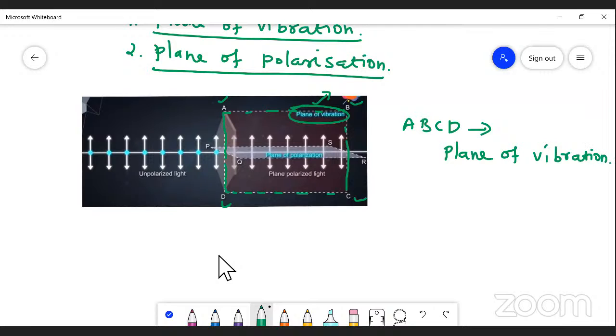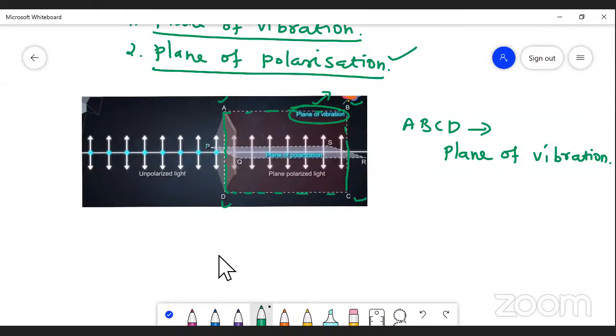And second term, plane of polarization. Plane of polarization is also a plane which is perpendicular to the plane of vibration, in which no vibrations occur, only the light propagates through this plane. Okay, here see the diagram.